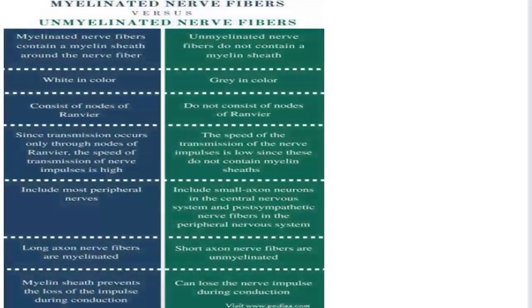Myelinated nerve fibers contain a myelin sheath around the nerve fiber, whereas unmyelinated nerve fibers do not have any myelin sheath around a nerve fiber. Myelinated nerve fibers are white in color, whereas unmyelinated nerve fibers are grey in color. Myelinated nerve fibers consist of nodes of Ranvier, whereas unmyelinated nerve fibers do not consist of nodes of Ranvier.